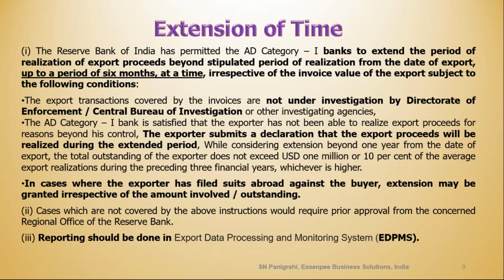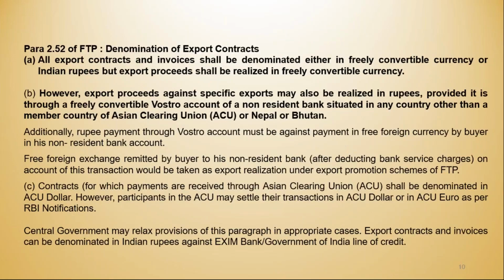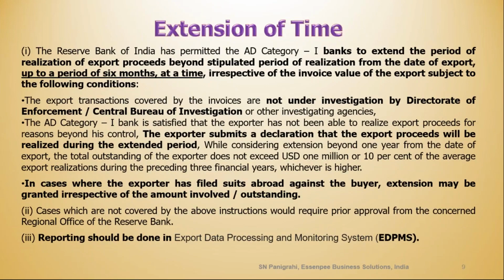Each extension is only 6 months first, then maybe another 6 months, but within that extended period you have to get the realization. Otherwise bankers will not entertain it unless you have shown a very reasonable cause. Further extension depends on the case and the satisfaction of the bank, the authorized dealer.